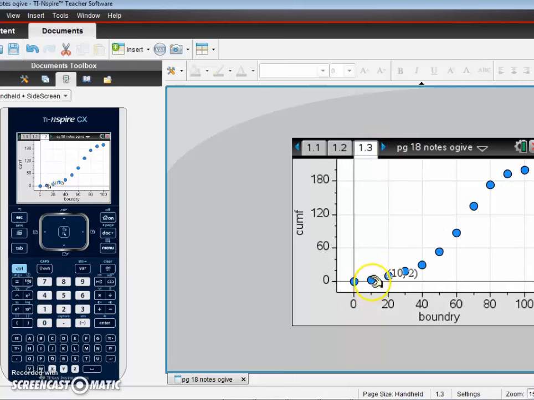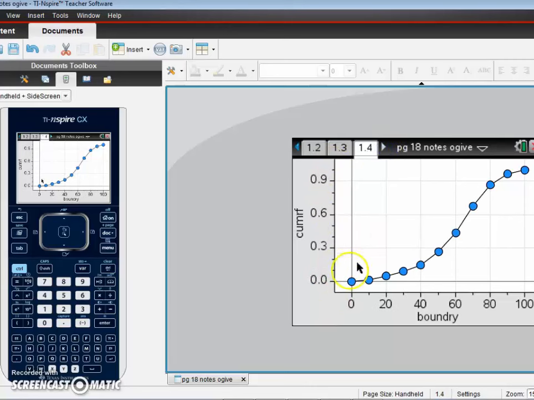So we've got the 2, and then plus the 7 is 9, and then plus the next 9 is 18, and it goes all the way up. And if I change this from 0 to 200 people to 0 to 100%, it's the same, and I connect it. And what's cool about this is I could go right here to about 45 and see that it's about 19 or 20%. Okay, so that's an ogive.